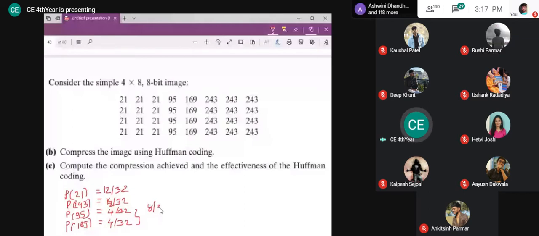Then what to do? Combine these two. What is it? 20 by 32. So 20 by 32 is higher than 12 by 32. Okay, assign the codes now.